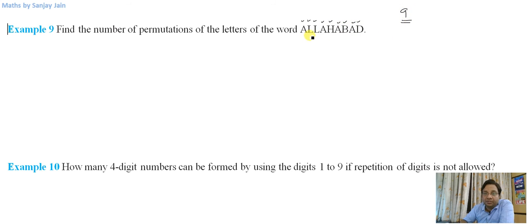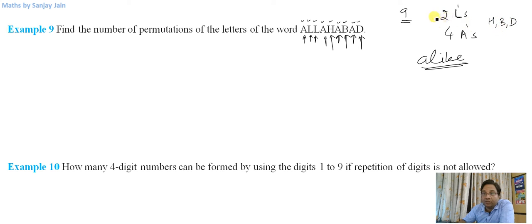But if you see, I've got 2 L's, 4 A's. So there are repetitions, right? There are objects that are alike. All objects are not different, right? And I've got H, B, D.